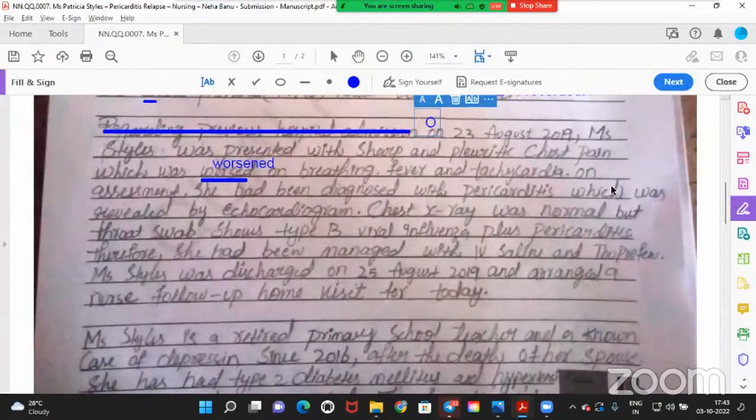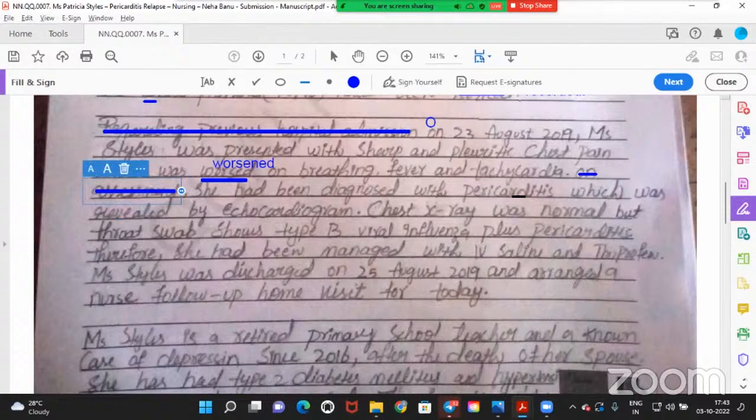Then next, on assessment, she had been diagnosed with pericarditis, which was revealed by echocardiogram. On assessment, capital letter O is needed. Not she had been, she was diagnosed. Why on assessment? Is it necessary? She was diagnosed.